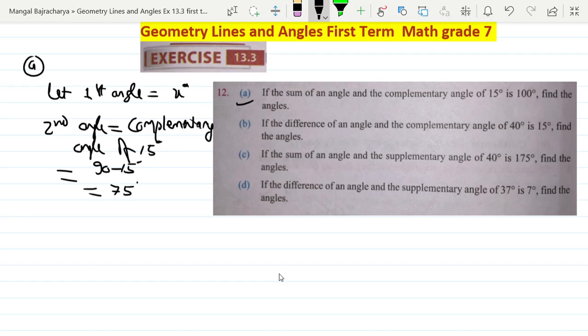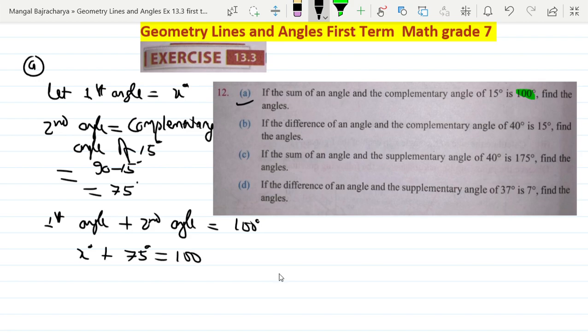And now what does it say next? The sum of this first angle and second angle is over here 100 degrees. So here we do what? First angle plus second angle. So this sum is 100 degrees. So the first angle we have supposed x degrees, and the second angle we have found is 75 degrees, and their sum is 100 degrees.